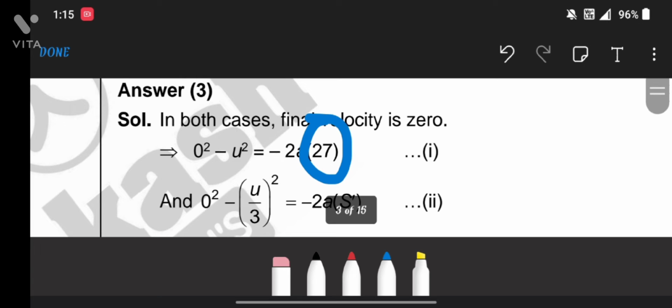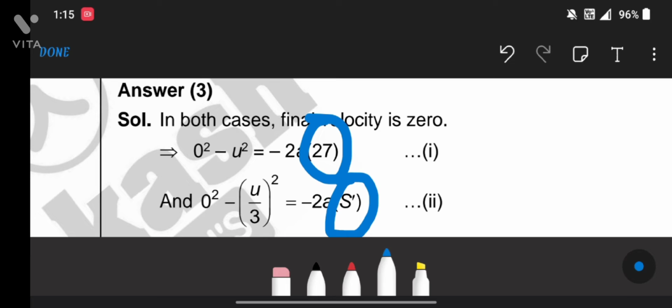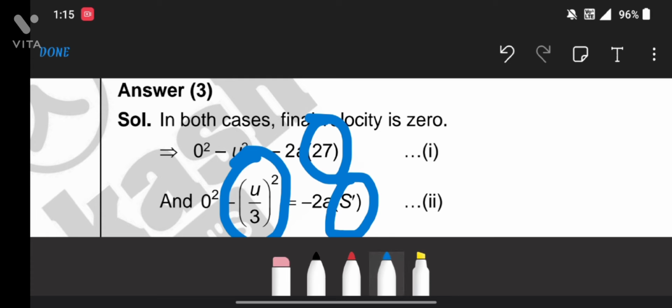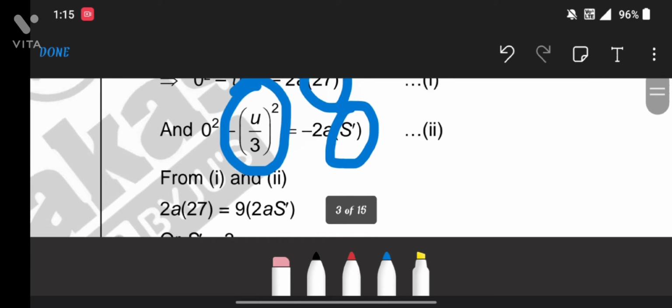From seeing that, 2a into 27 is equal to 9 times 2as. If we divide, the distance will come as 3.